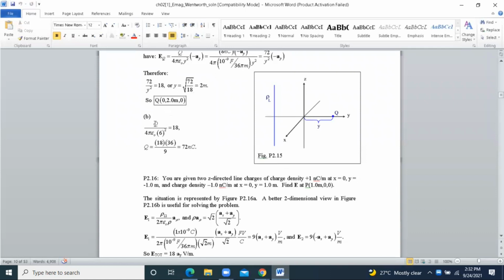So Q over 4 pi epsilon naught R squared equals 18. And you solve for Q.